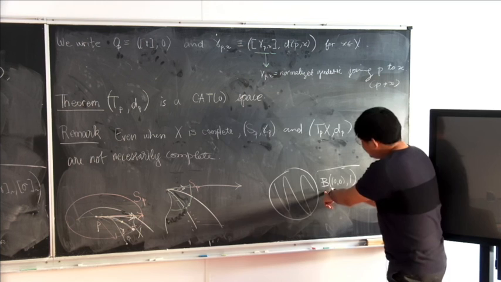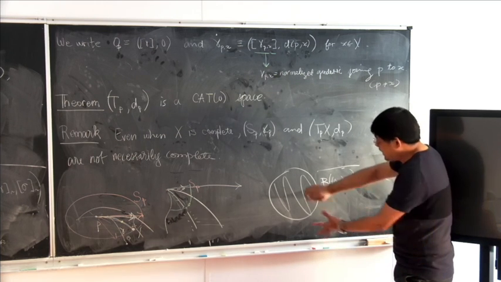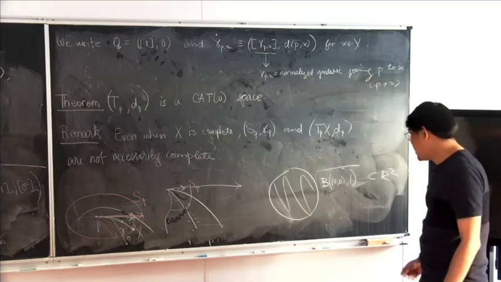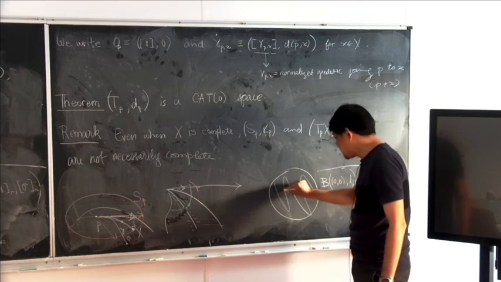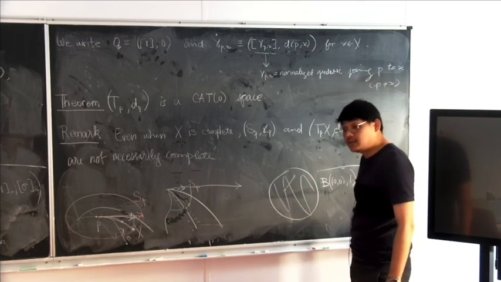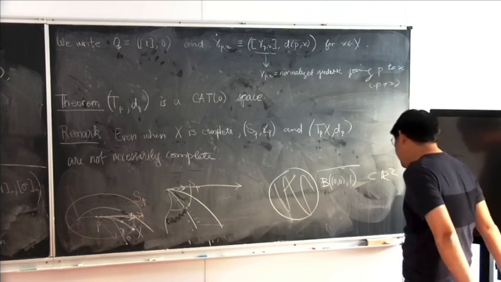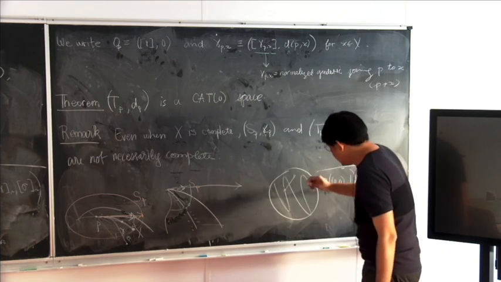You take this subset of R2 and you embed it with the restriction of the Euclidean distance. So the distance is computed using the straight line, like this. This is a complete CAT(0) space.